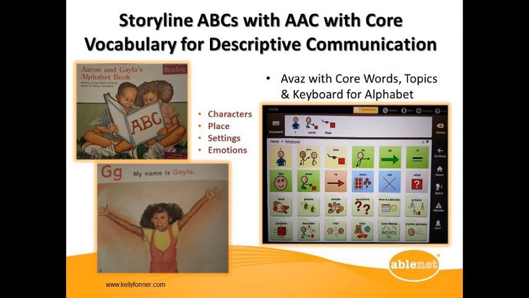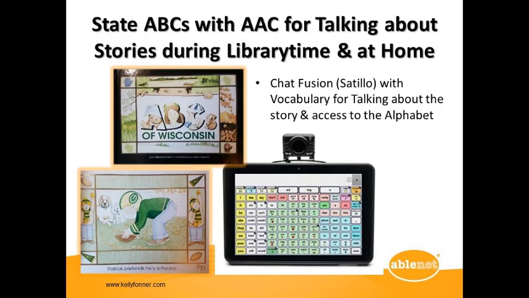You'll see nice books here like Aaron and Gayla talking about alphabet books, and they introduce themselves and what they're doing. So you've got a little bit of those things that you could talk about, more than just a different item on each page. You might have books that are about locations. You'll have different books about states, and cities, and places that people have gone.